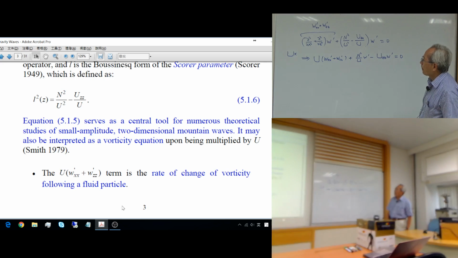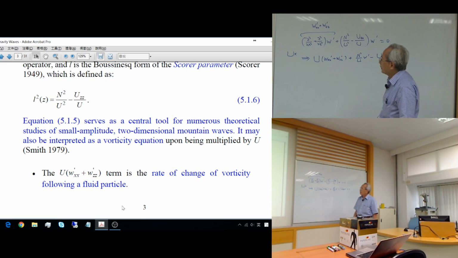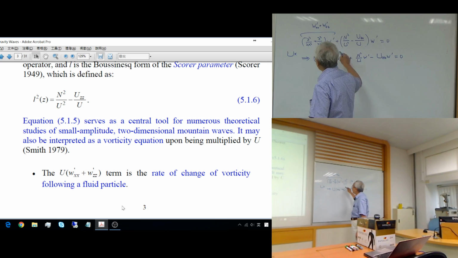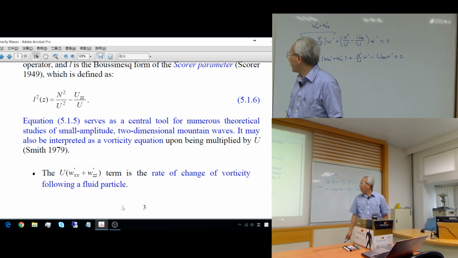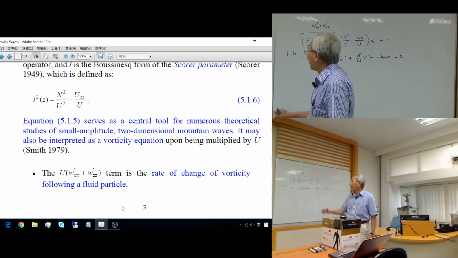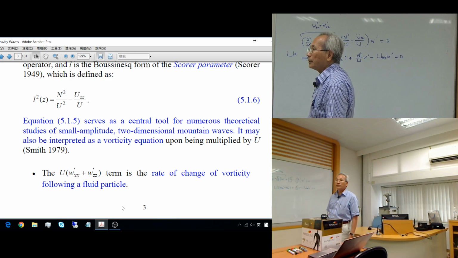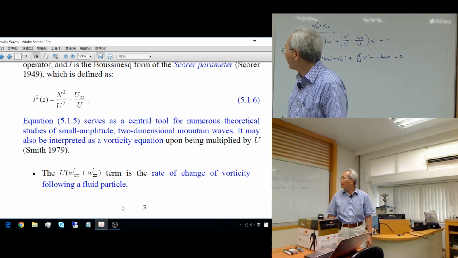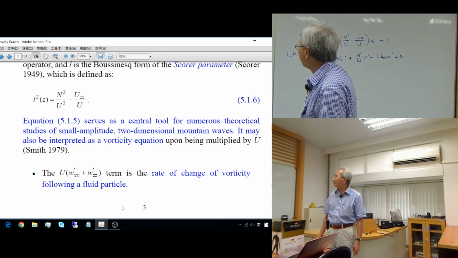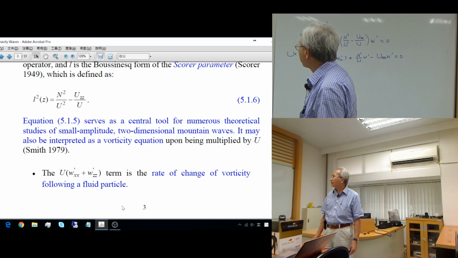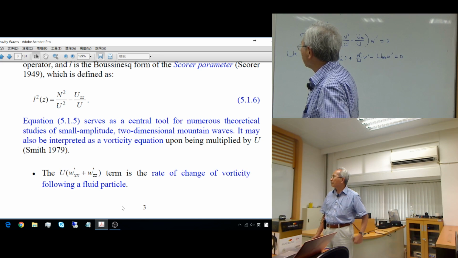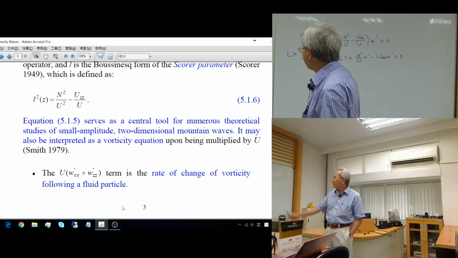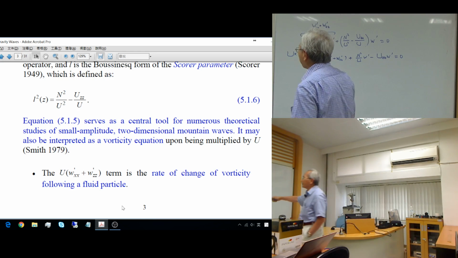And this term is the rate of change of vorticity following a fluid particle. Understand? Does anybody have a problem with this term?